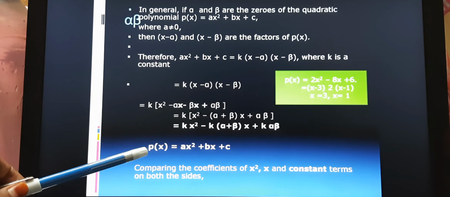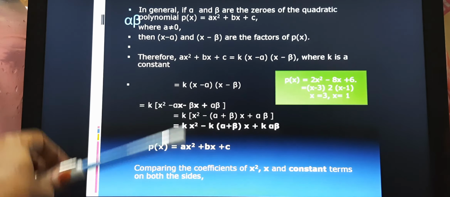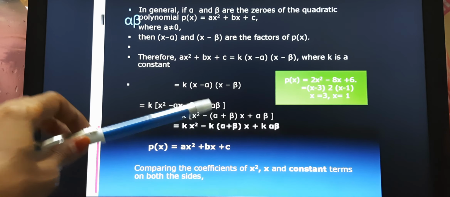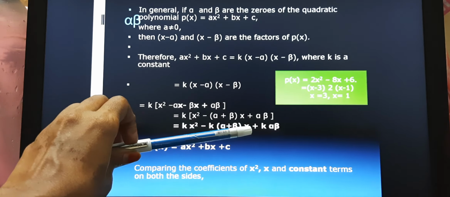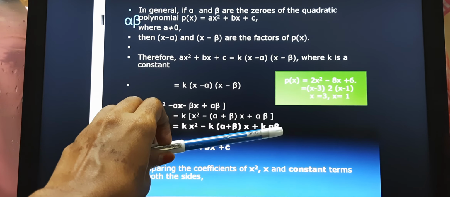So here we got what? P of x is equal to ax square plus bx plus c, the general form of a quadratic polynomial, right? But by substituting the zeros as factors, we got kx square minus k into alpha plus beta into x plus k alpha beta.